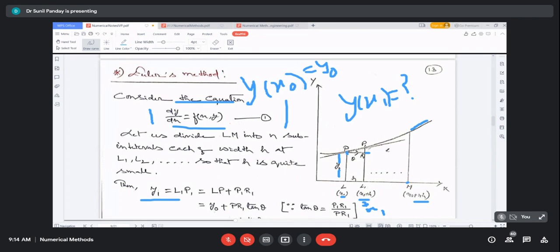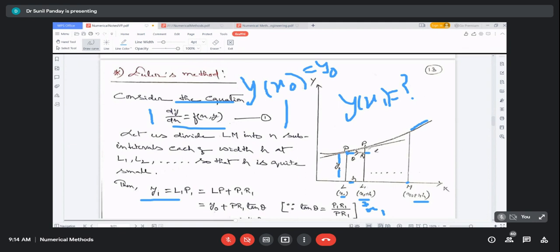L1 R1 equals LP because this line is parallel to the x-axis. So L1 P1 equals LP plus R1 P1.